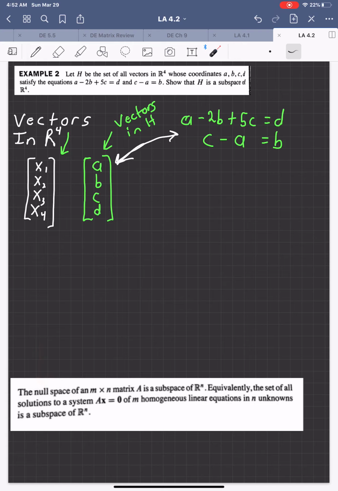So how do we go about showing that H is a subspace of R4? Well, first thing you should do is start to view this as a system. Now, since we're dealing with homogeneous linear equations, the first thing I'm going to do is set that system equal to 0.